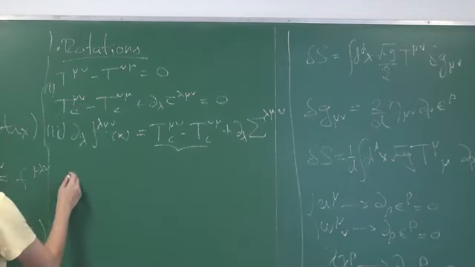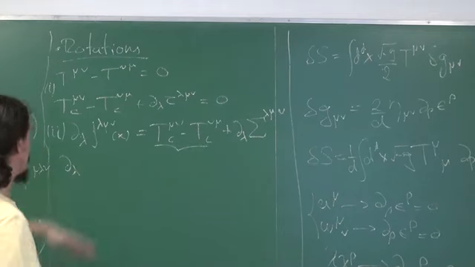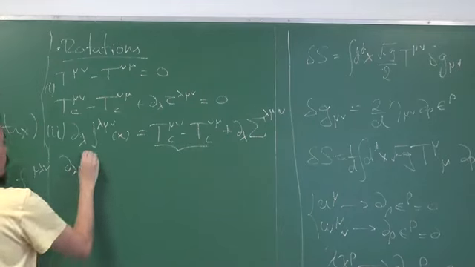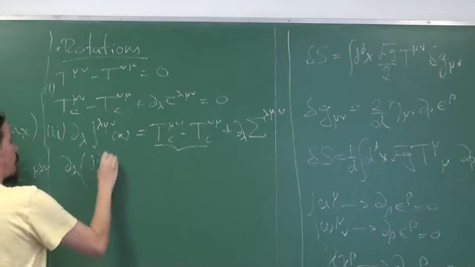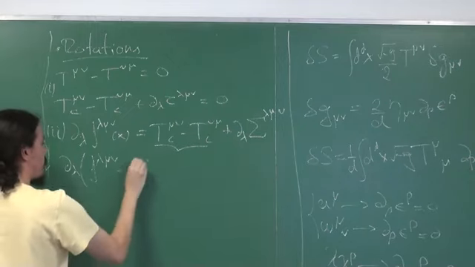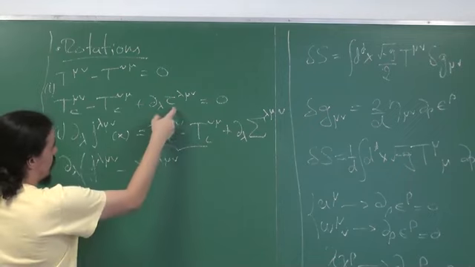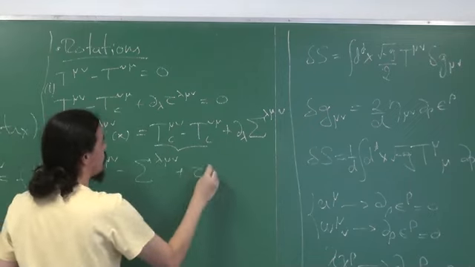So this guy is just a constant current, minus this one, and this one that was already there.